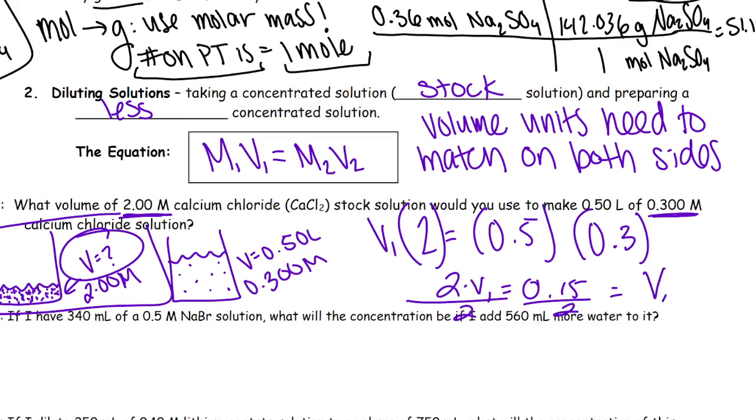So then I get that V1 is equivalent to what? Perfect. And our unit on that is liters. I know that it has to be in liters because my other volume was in liters, and that's what I plugged in. If the other volume was milliliters, I could plug in milliliters in the equation, and it would give me milliliters out.